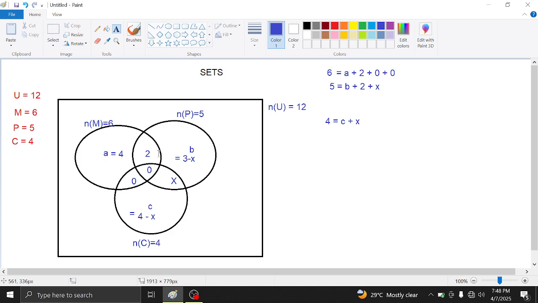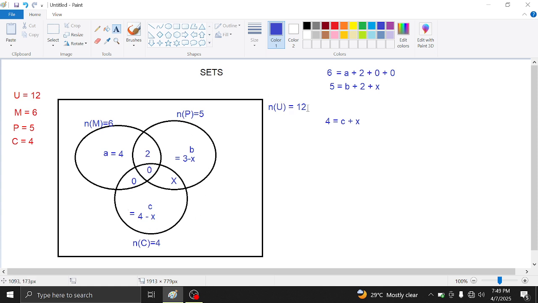So we can add everything there, equate it to 12 to find the value of X, which is P intersection C. They ask us to find P intersection C, which is X. So everything in this region must sum up to the universal set.